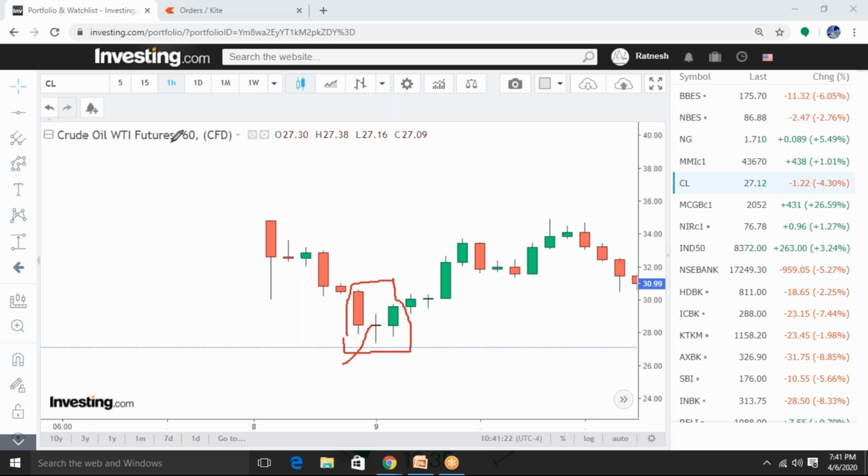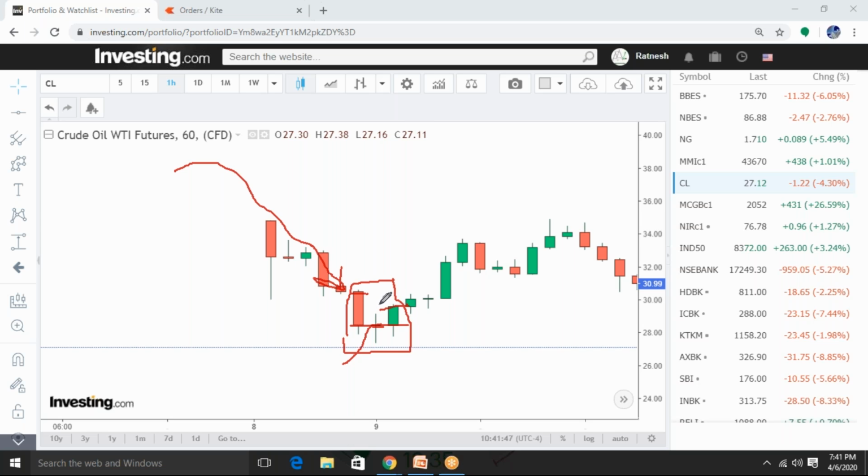The overall trend of the market was downside. One bearish candle, and the next candle is a bearish candle which opens gap down. See, the closing was here, so almost gap down you can consider. And this is the next bullish candle, which almost opens a gap up.